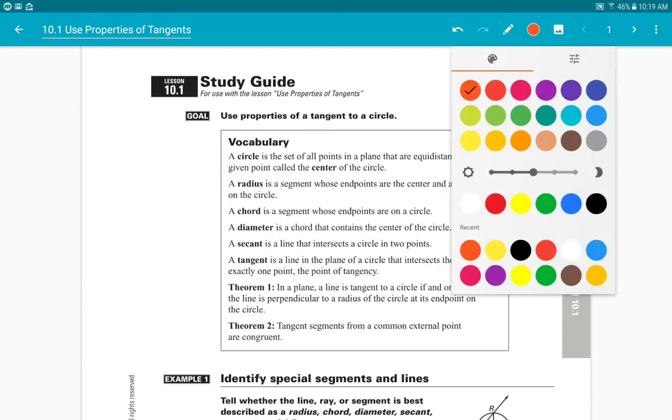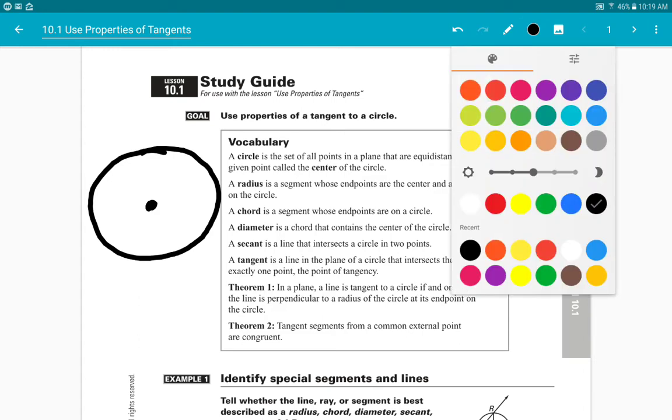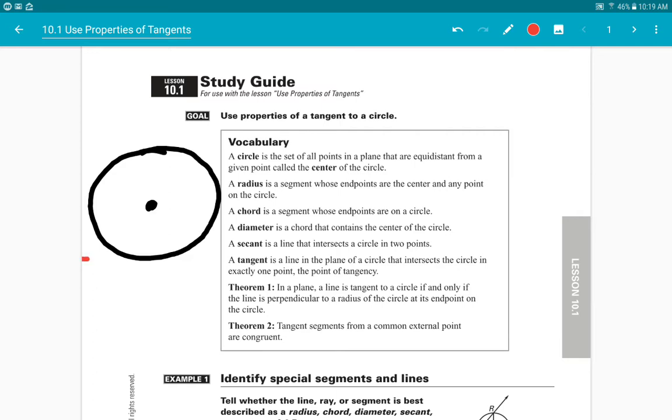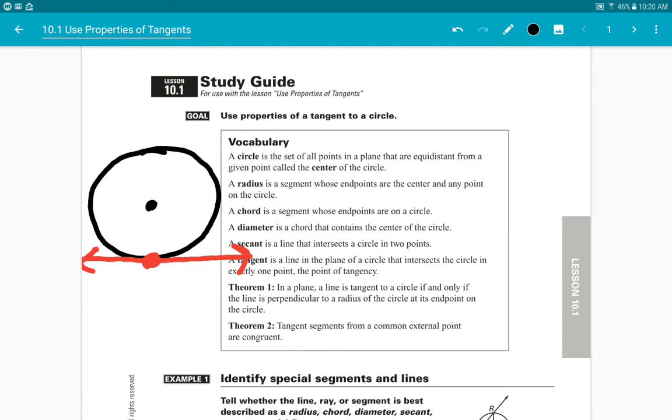The idea with the if and only if is stating that you have a circle. Here's your center. Let's draw a tangent line. Here's your tangent line. It's only intersecting at this position. What it's saying is no matter how it's drawn, where this tangent line is to a circle, the tangent is going to be perpendicular to the radius of the circle.